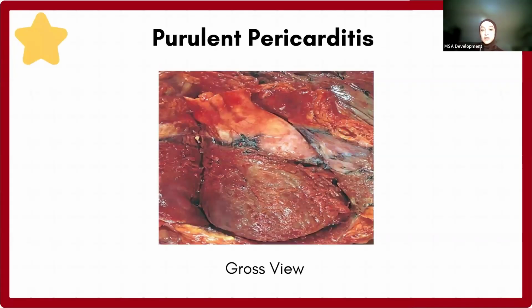Purulent pericarditis, from its name, is purulent, so most likely it happens due to inflammation from an infection by a microbe. This infection can happen due to a lot of microbes. Most common is pneumonia.